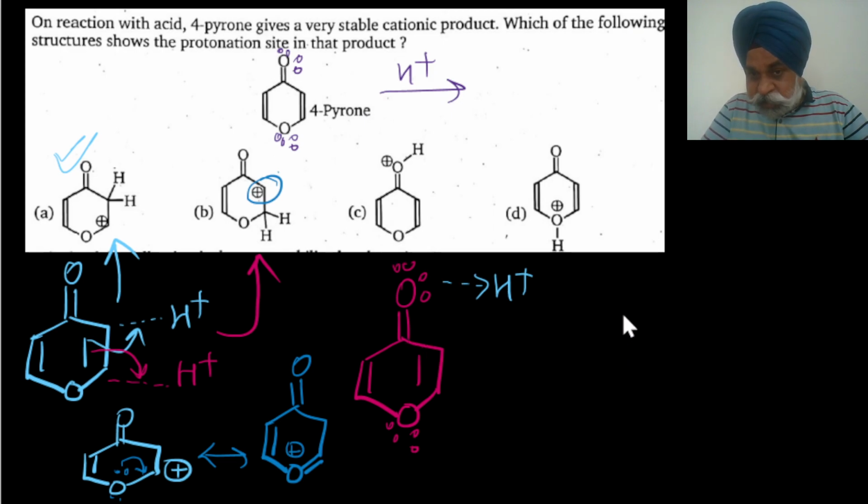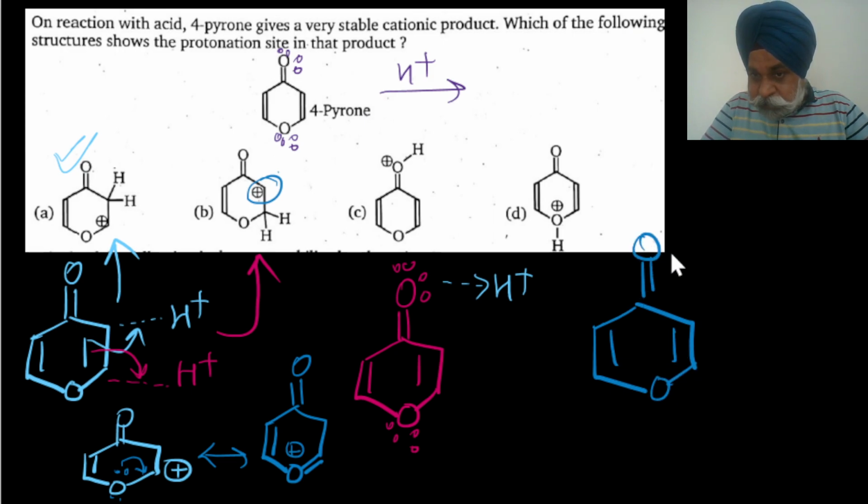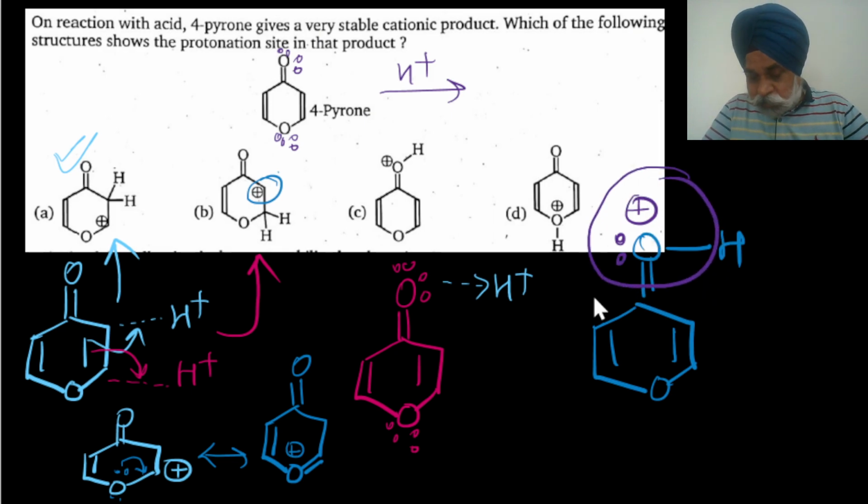In the C option, what you are able to see here is that once the attack has happened, you would get a positive charge on this oxygen with one lone pair still there. And here also you could see that the octet of this element is complete. Oxygen is carrying a positive charge, still it is quite stable because its octet is complete.